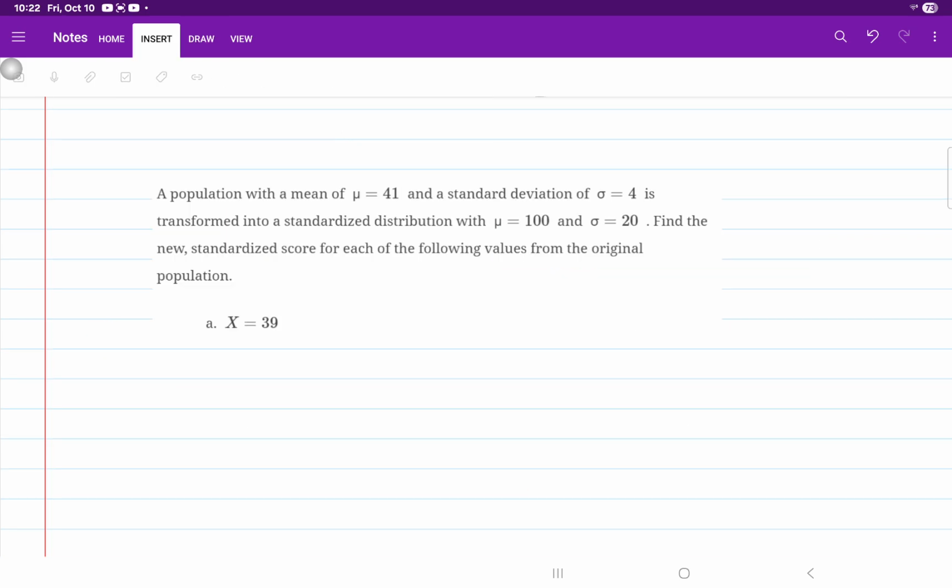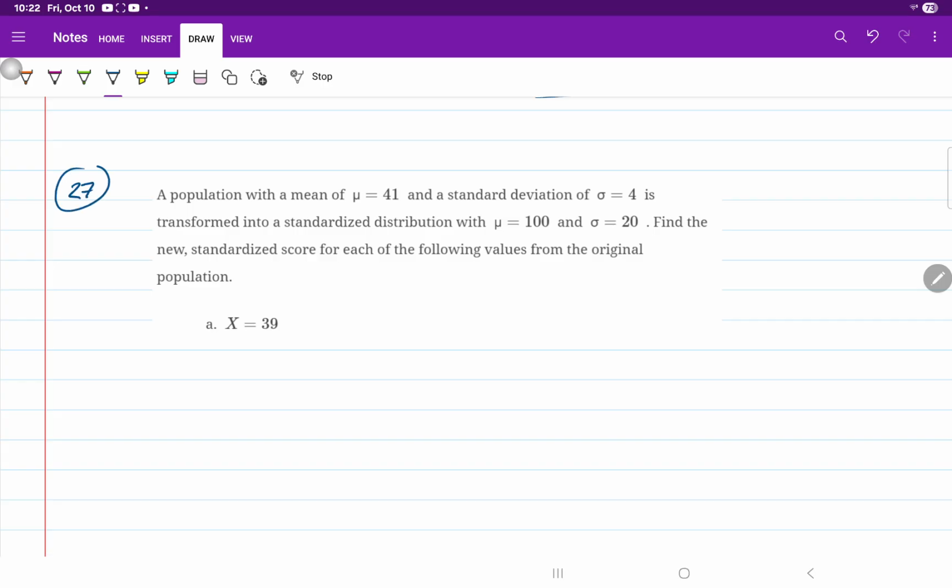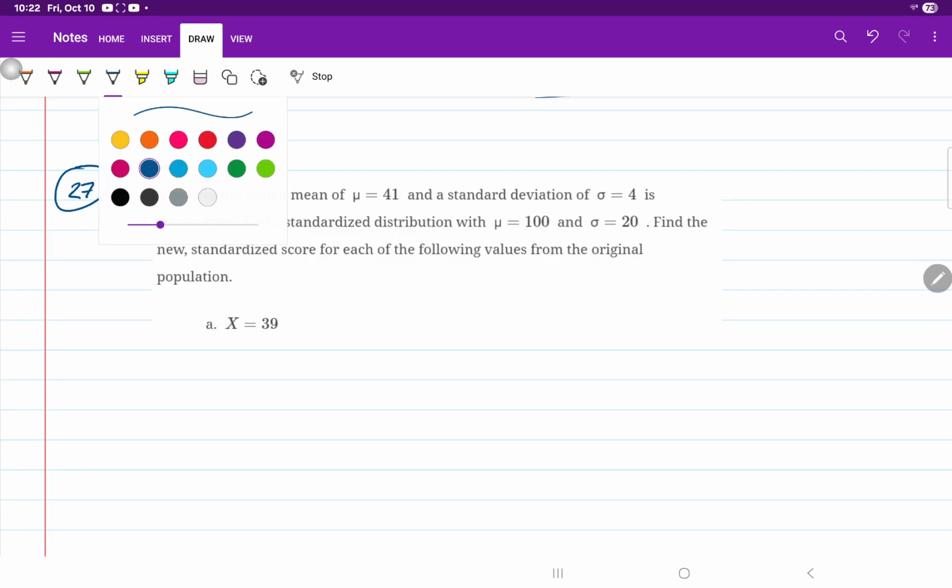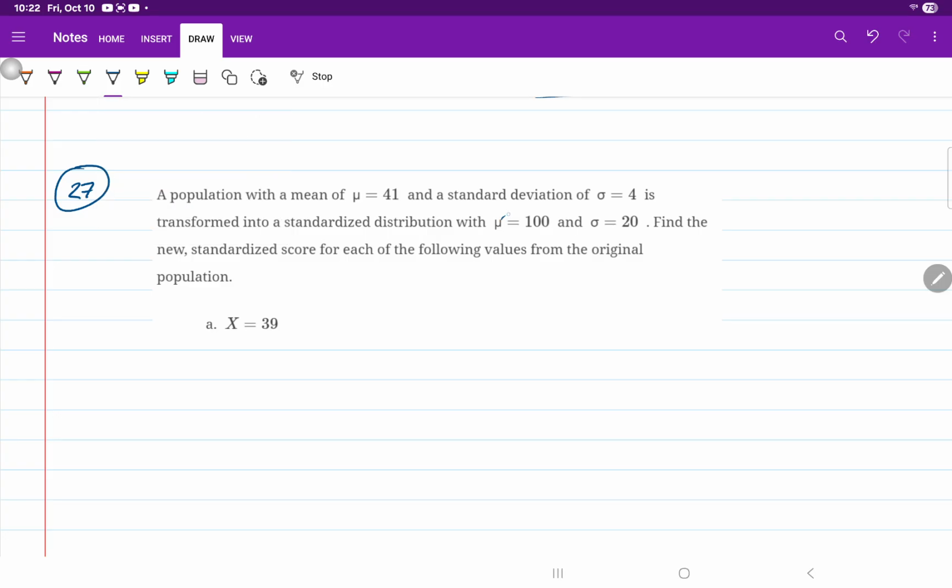Okay, so here we are with problem 27. In this case, a population with a mean of 41 and a standard deviation of 4 is transformed into a standardized distribution with a new mean, let's call this mu prime, and a new standard deviation, let's call this sigma prime, of 100 and 20 respectively.